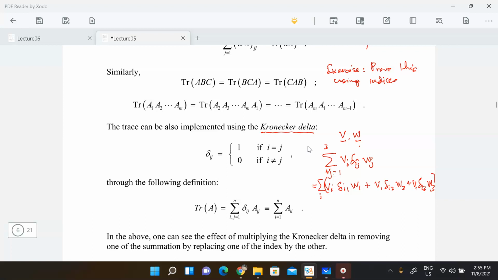Then I do the sum over i, then I will have V1 delta 1 W1, V2 delta 2 W2.